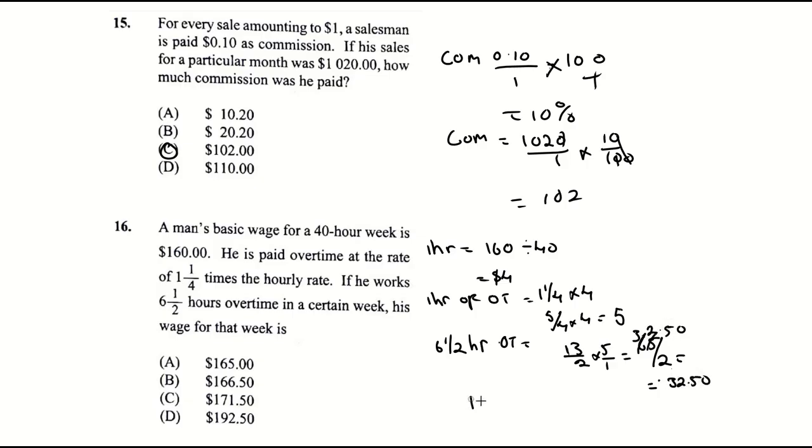So we are saying 160 plus 32.50 would give you his total wage, which is D, $192.50. This is our next repeated question.